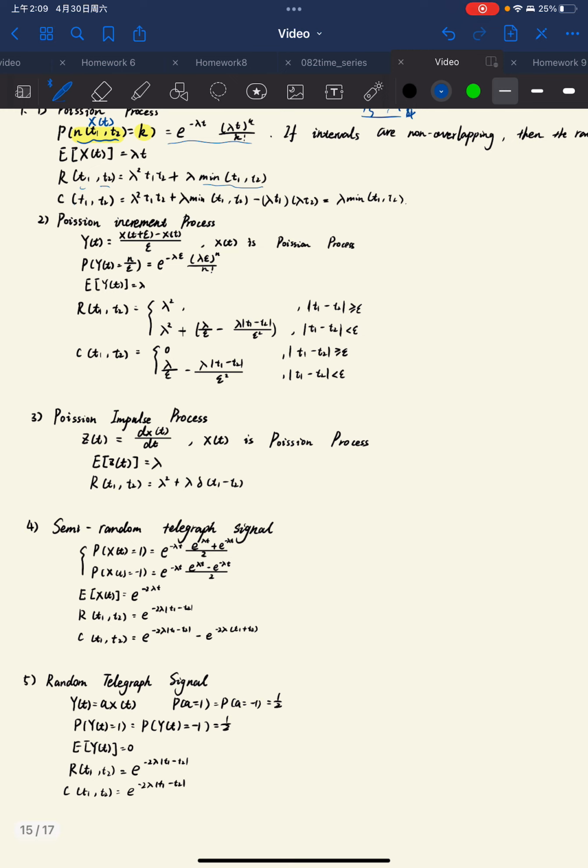Its autocovariance is lambda square T1 T2 plus lambda times the minimum of T1 and T2, minus lambda T1 times lambda T2. So the covariance is only equal to lambda times the minimum of T1 and T2.